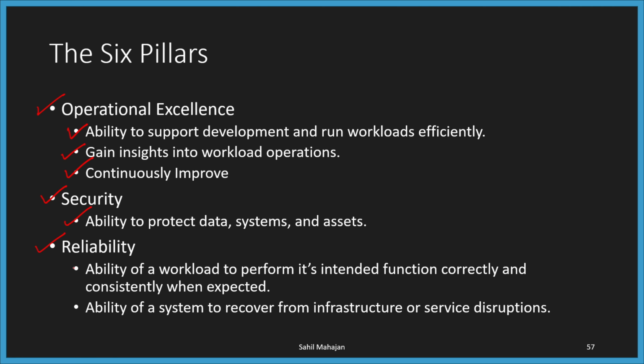The third pillar relates to reliability. That is the ability of a workload to perform its intended function correctly and consistently when expected. So a very simple example is whenever you make a request to a website, whenever you go to google.com and you search for something, Google returns a search. That is reliability. No matter when you go to Google and you type in something to search for, Google will always give you a response.